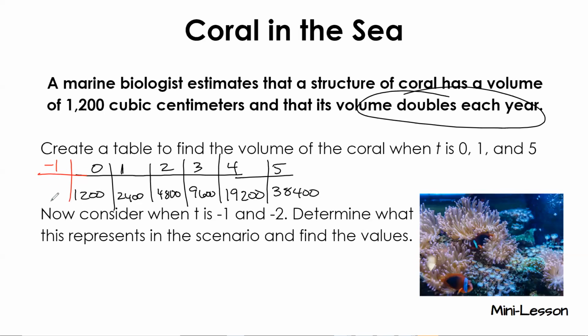If we wanted to go back in time, what would we do? Divide by 2. That's going to give me 600. If we wanted to do it again, what would that be? 300. So T equals -1, that's going to be 600. When T equals -2, that's going to be 300.